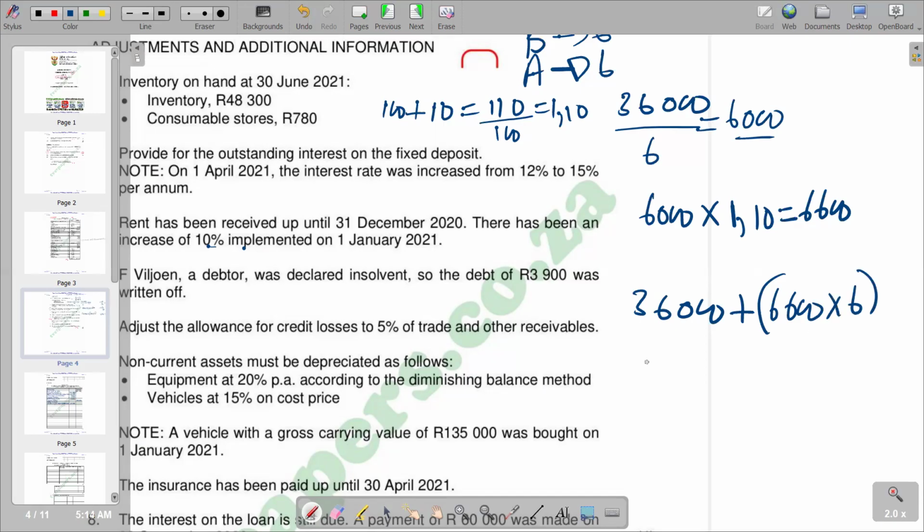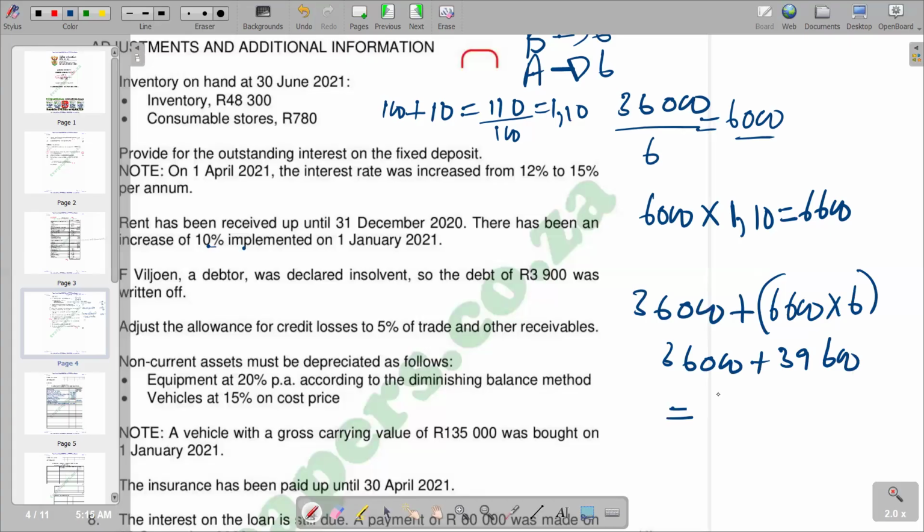And then we try to see what we get there. When we multiply 6,600 multiply by 6, you're going to get it as 39,600. So here it becomes 36,000 plus 39,600. So we add the two to get the total rent received.